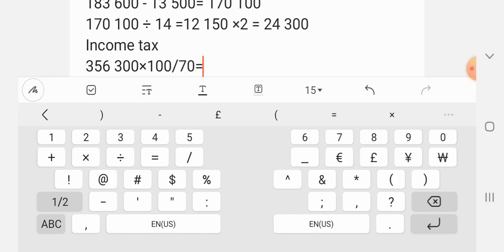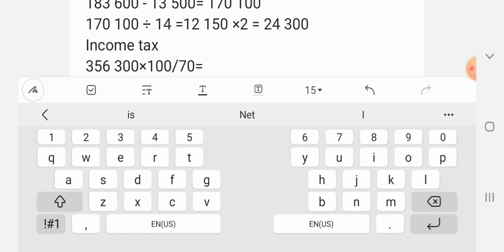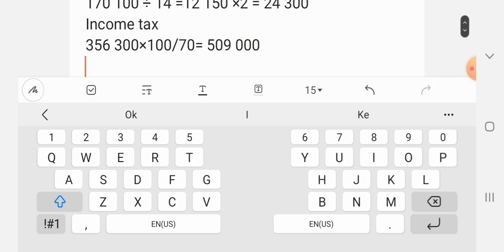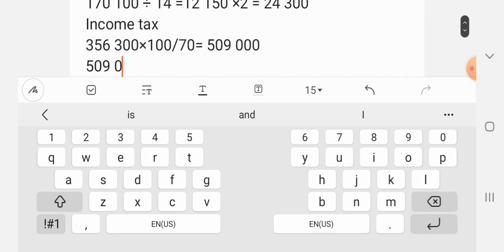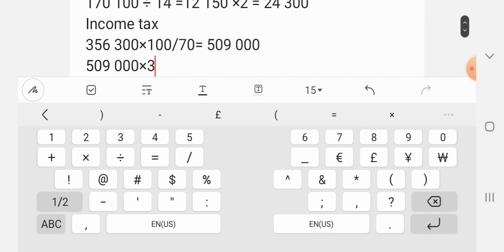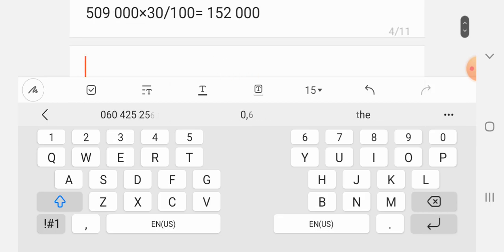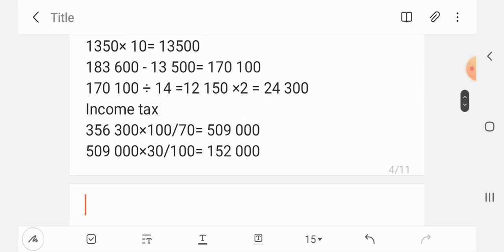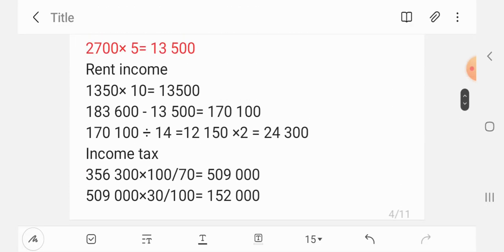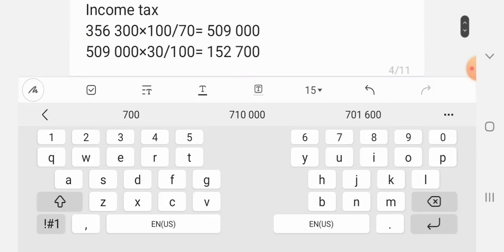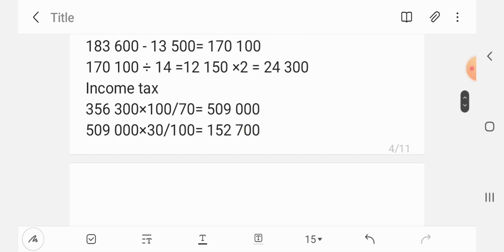So that will give us 509,000 rand. Then we'll take this amount that we got, and then we'll times it by 30, divide by 100, and that will give us 152,700, which is the income tax. So if you take the 152,700 and add the 356,300, you will get the 509,000 rand.